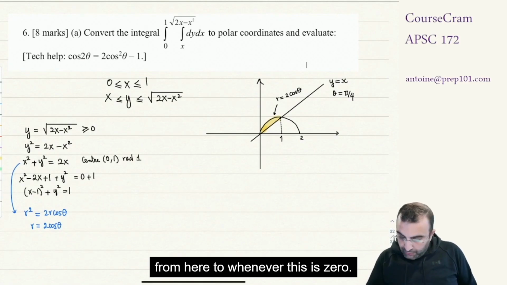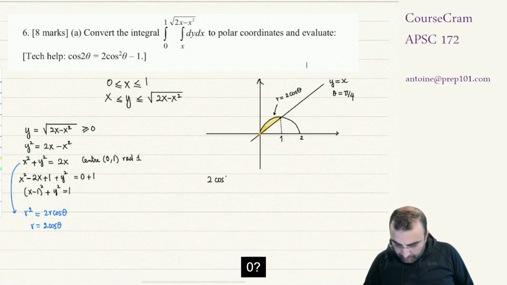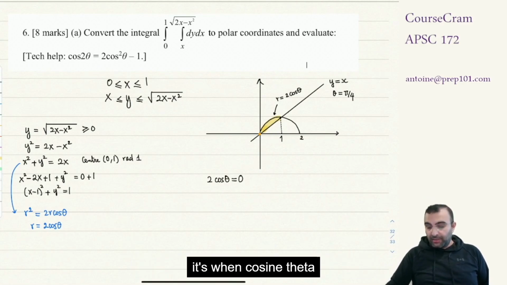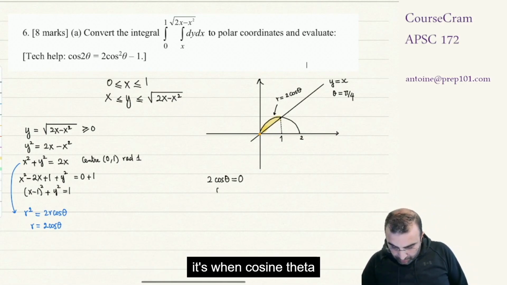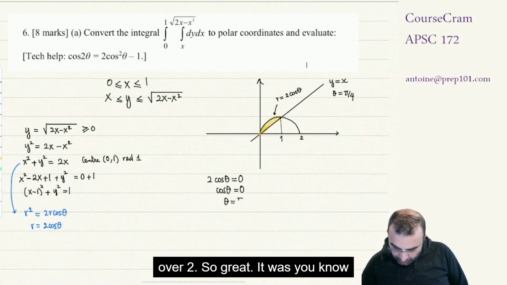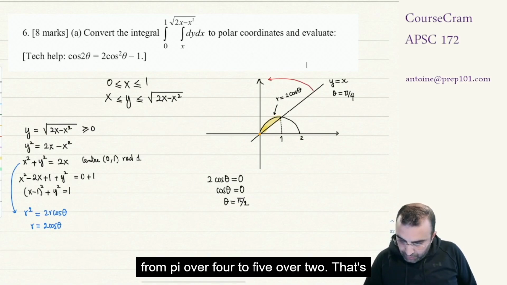Theta goes from here to whenever this is 0. So where does 2 cosine theta equal 0? It's when cosine theta equals 0, so when theta is equal to pi over 2. So great, it was from pi over 4 to pi over 2.